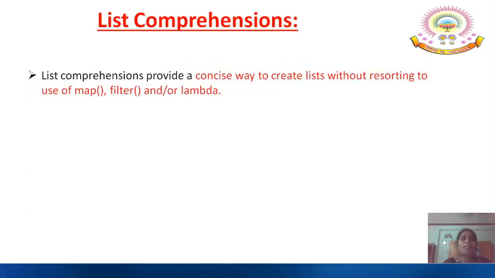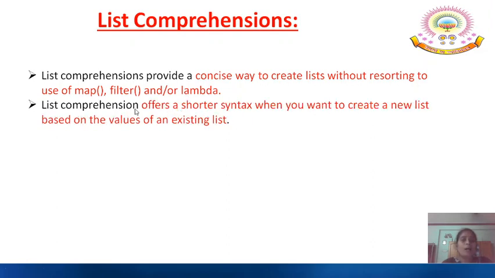Now what are list comprehensions? List comprehensions provide you a simple way to create a list without resorting to the use of map, filter and lambda. So it offers a shorter syntax when you want to create a new list based on the values of an existing list.